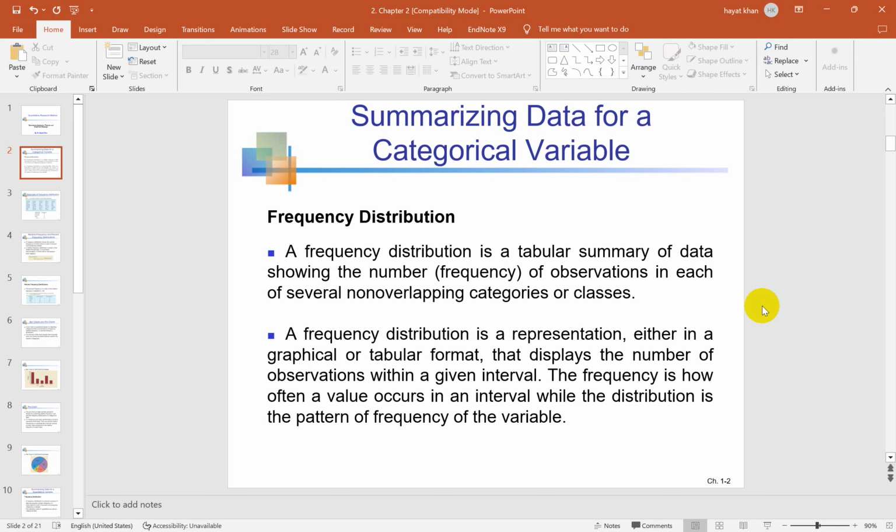The frequency is how often a value occurs in an interval, while the distribution is the pattern of frequency of the variable. I will show you frequency distribution with an example so you will better understand.